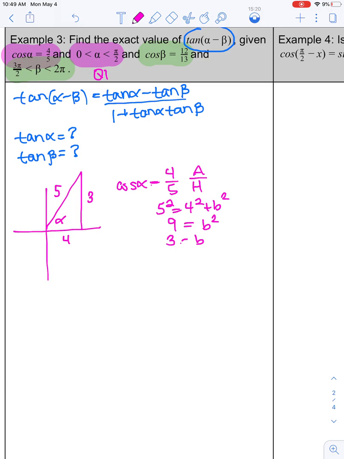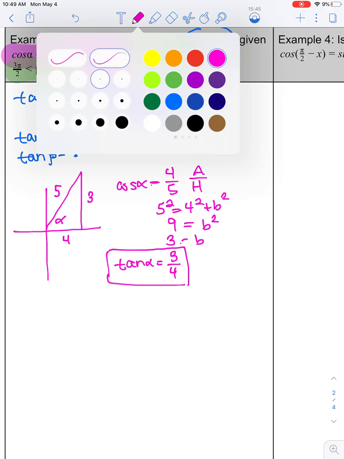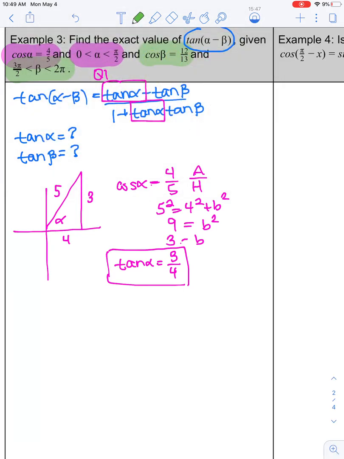Okay, and this is important because now with this complete triangle, we can identify that the tangent of alpha is the opposite, which is 3, over the adjacent side, which is 4. And this is going to be a value, the 3/4, that goes into our equation everywhere we have tangent of alpha. Okay, so we're halfway there as far as figuring out the necessary information to do this calculation.